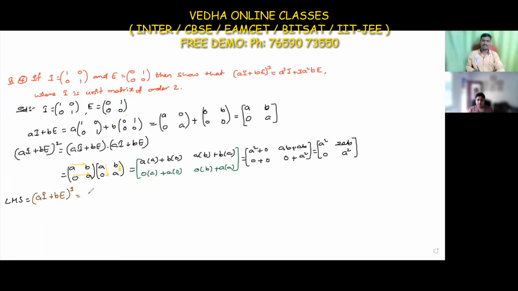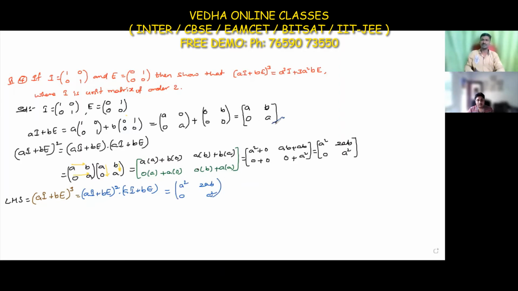So that is (aI plus bE) whole square into the (aI plus bE) matrix. So multiply these two matrices. Now the (aI plus bE) whole square value is [[a square, 2ab],[0, a square]], multiplied with aI plus bE.